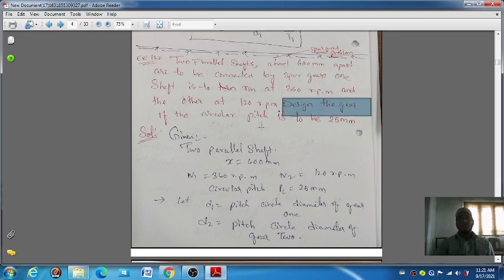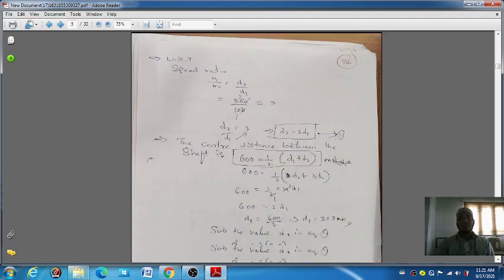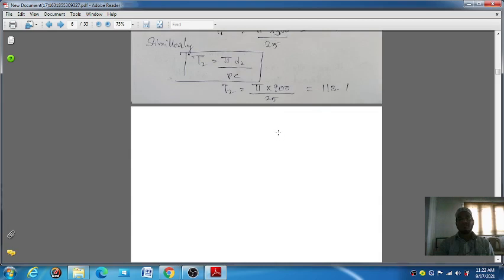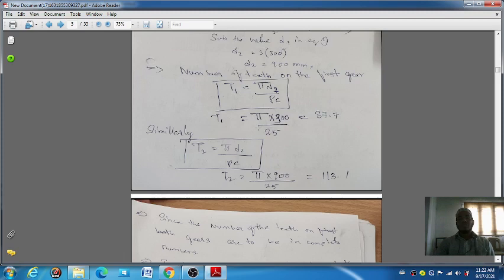That's why the circular pitch is given. This circular pitch, 25, will be used in this formula. So just substitute the values of D1 and Pc, the circular pitch, then in the calculator you will get T1 and T2. If you get T1 and T2, the number of teeth on each gear, then we can easily draw the diagram.